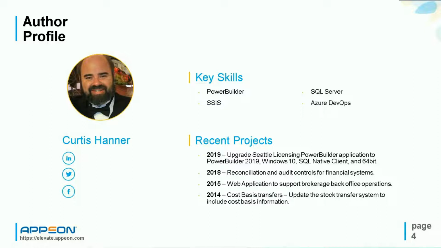And now at the City of Seattle, I'm working to support an in-house client-server PowerBuilder licensing application that's used by about 200 people at the city. We recently upgraded that to PowerBuilder 2019, and we're in the process of upgrading to Windows 10. And we also upgraded the database client to the SQL native client, which went pretty smooth. And then we also upgraded to 64-bit in this latest release.